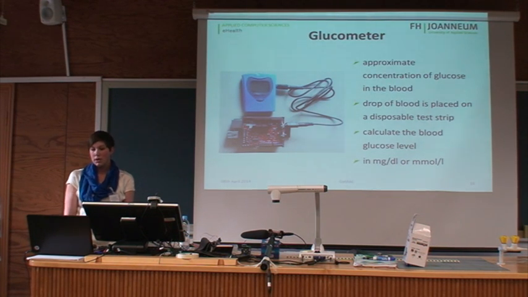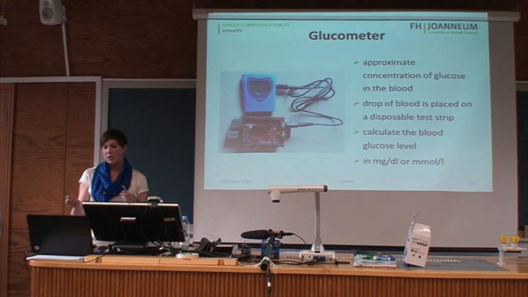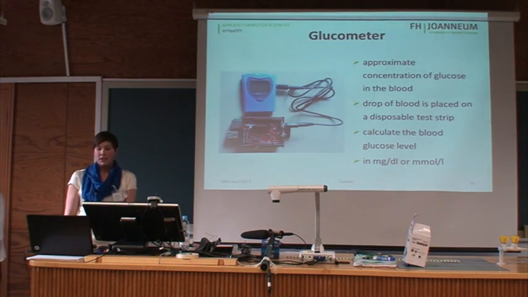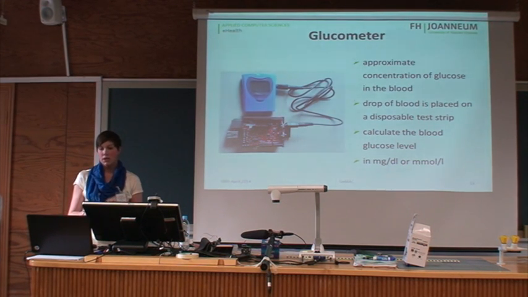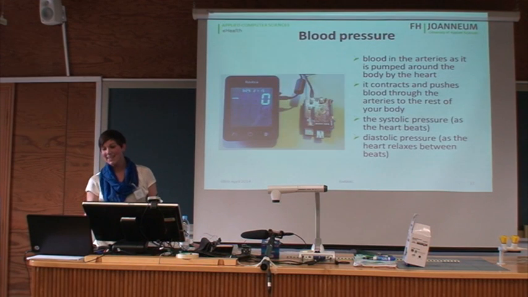You have to put a drop of blood on a strip and then it calculates your glucose level. It is measured in milligram per deciliter or in millimole per liter. Diabetics have high blood pressure, and if you have coronary artery diseases, you have even higher blood pressure and glucose in blood.